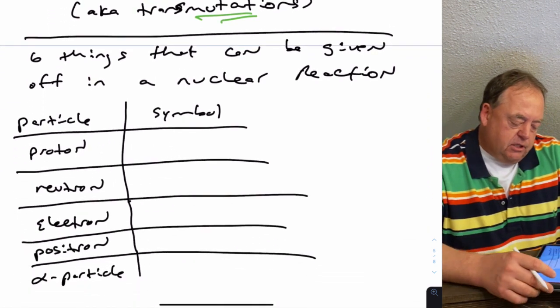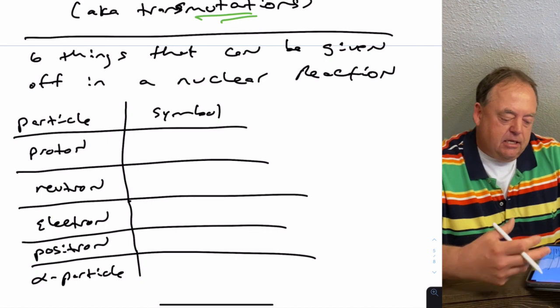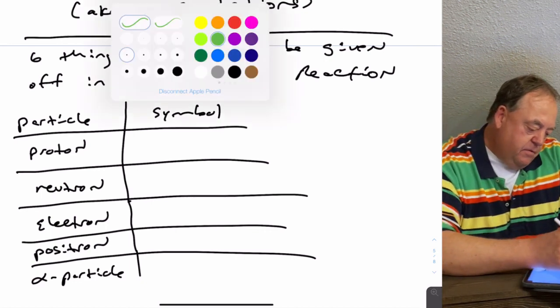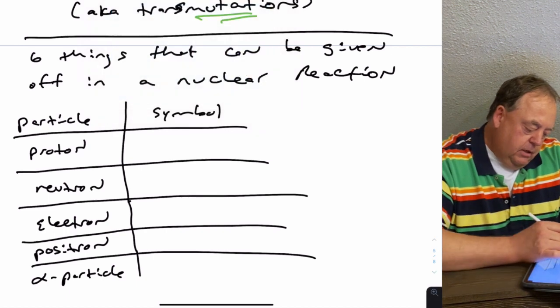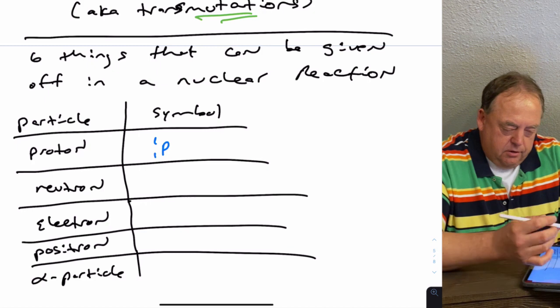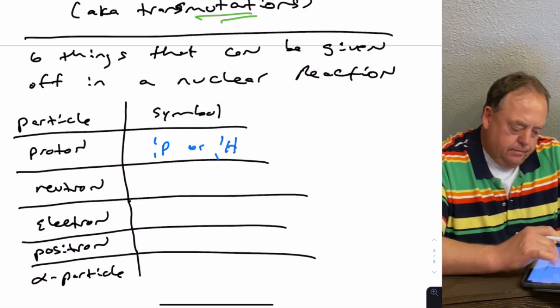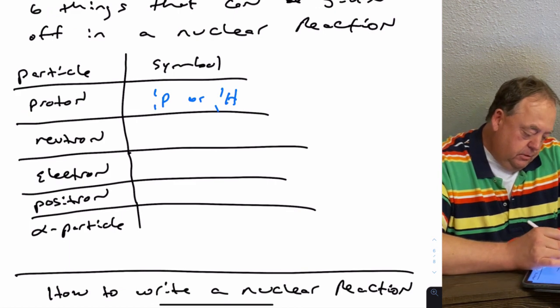Okay, so there are 6 different things that can be ejected from the nucleus of an atom in a nuclear reaction. You have protons, given the symbol 1 superscript, P, subscript 1, or 1H1. Neutrons, so 1, 0.